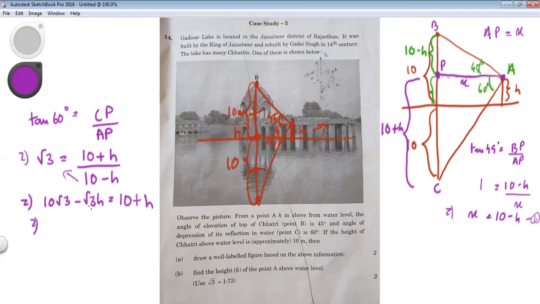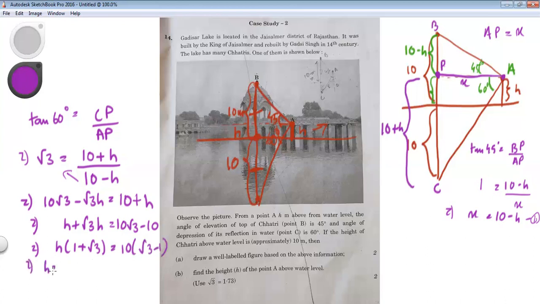Take h to one side. You'll get h plus root 3h equals 10 root 3 minus 10. So h times (1 plus root 3) equals 10 times (root 3 minus 1).